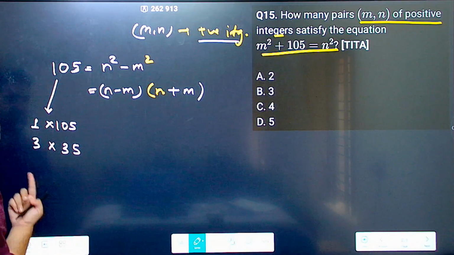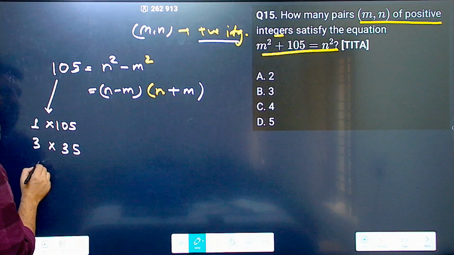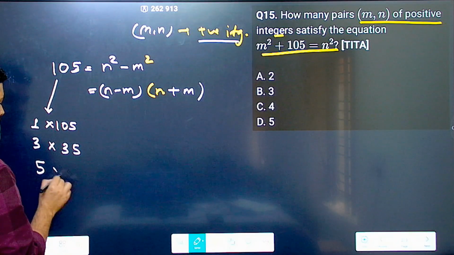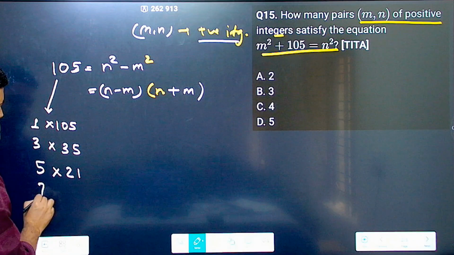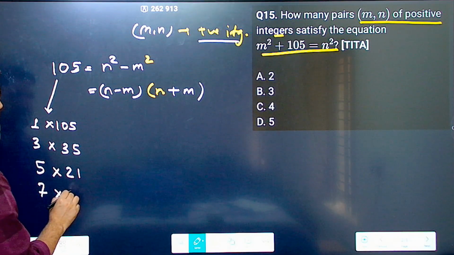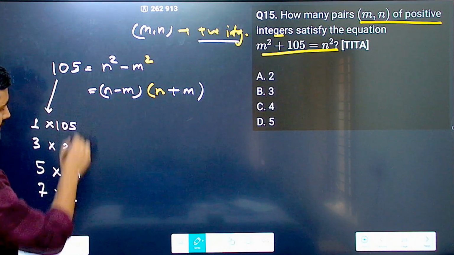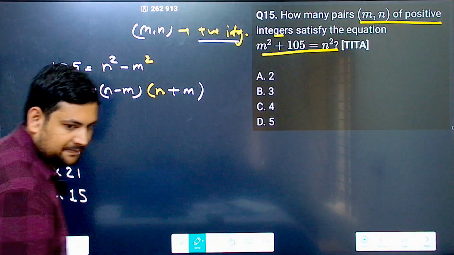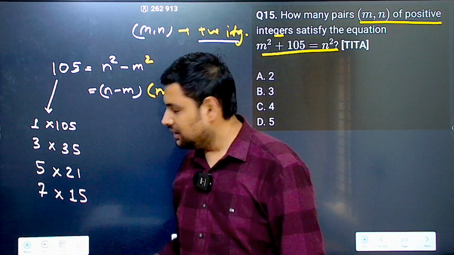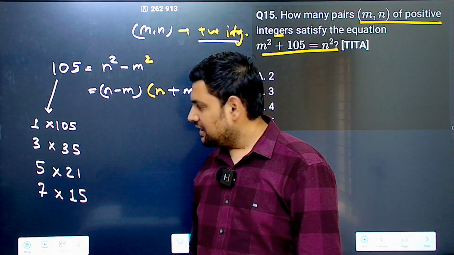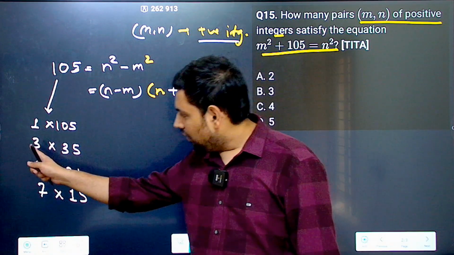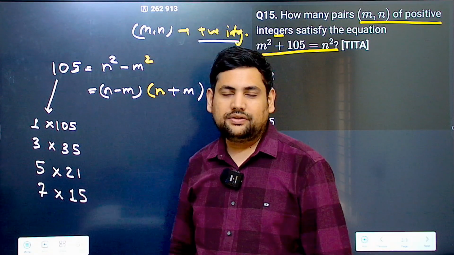Then is it divisible by 5? Yes, so this becomes 5 into 21. It is divisible by 7 also, so 7 goes 15 times. So these are the possibilities that I got. Do I have any other possibility also? 3, 5, 7 is done. Correct. Already you have got 15 sevens are 105.